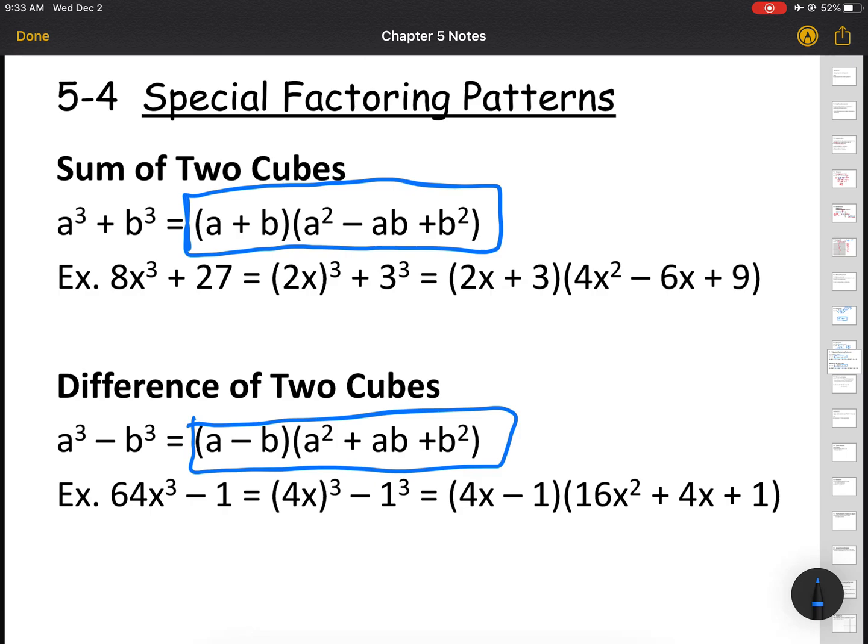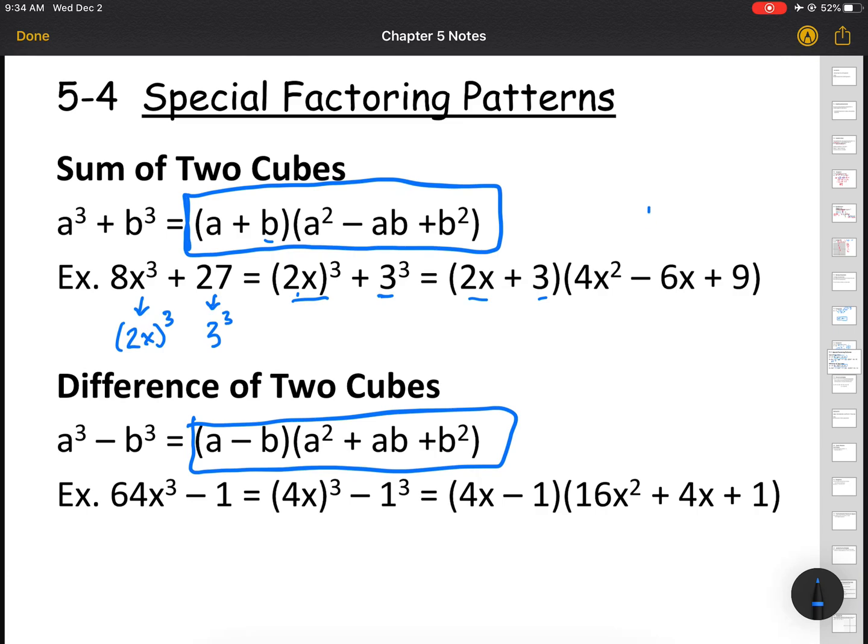For example, for the sum of 2 cubes, I have 8x to the cube power plus 27. Well, that's really the same as 2x cubed that we're getting right here. And 27 is a perfect cube. 3 to the third power is 27, so that's where they're getting 3 here. So their first term of a, which is 2x, goes first, and then their term of b, which is 3, goes next. So that's their first factor there, 2x plus 3.